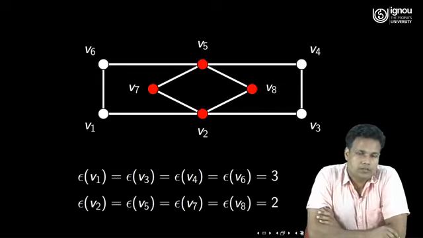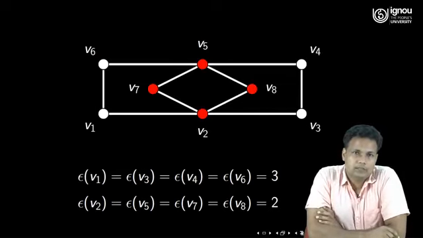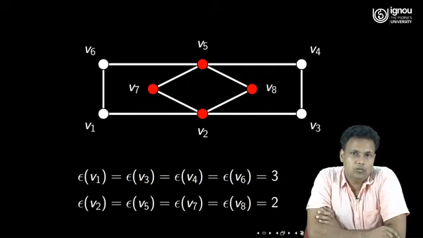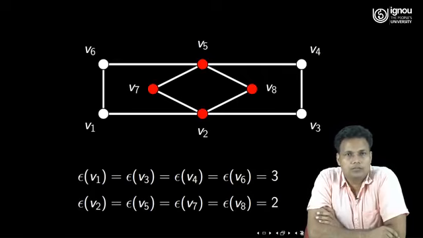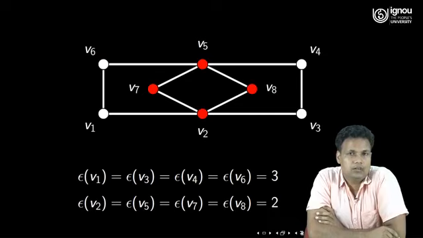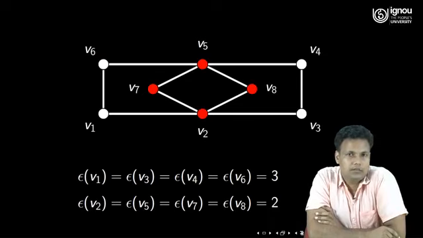For instance, look at this graph. The vertices V1, V3, V4 and V6 have eccentricity 3, because for instance just consider the vertex V1. The maximum distance from V1 to any other vertex is 3. You can see that V1 and V4 is a pair which are at a distance of 3.